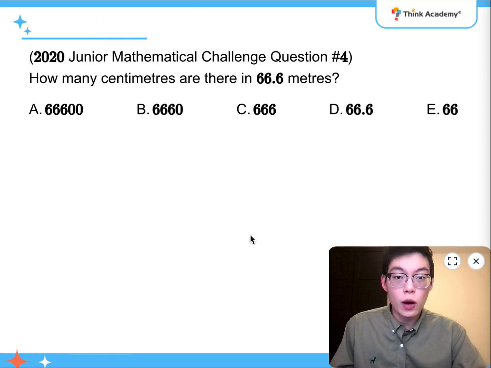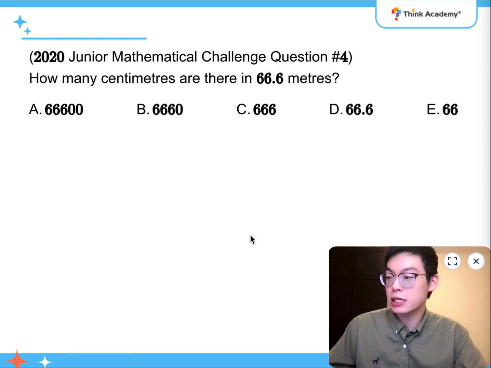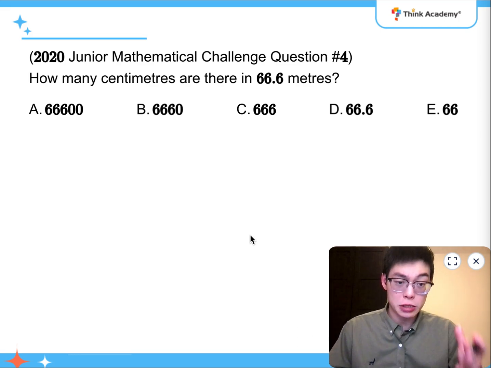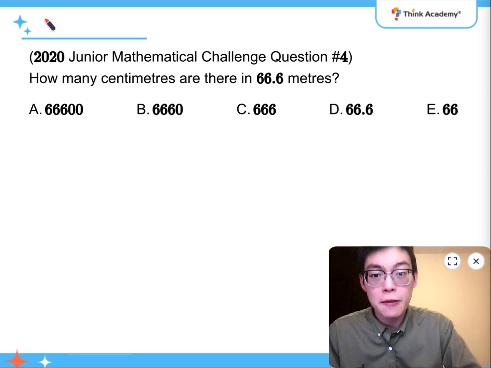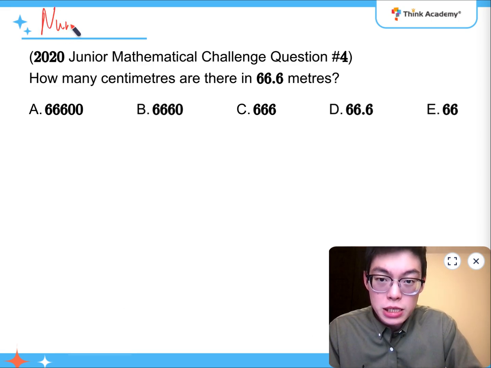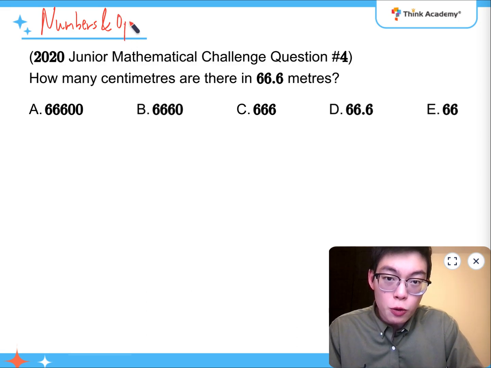And as for question 4, how many centimeters are there in 66.6 meters? That's again a numbers and operations question. And it would be about the conversion of units, or unit conversions.